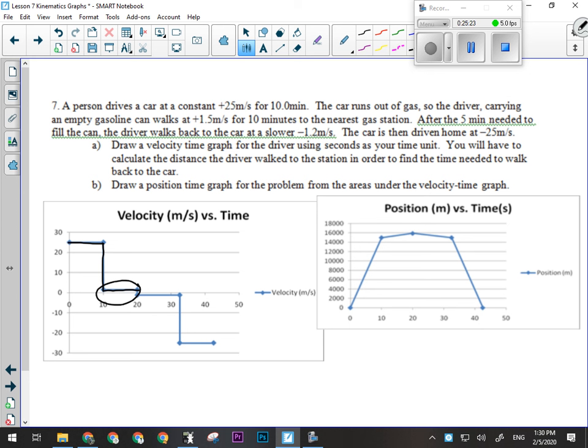So now that I know this person has to walk 900 meters at 1.2 meters per second, I can calculate how long it will take them, so I know how long to make that line for their return trip to the car. So that's that intermediate calculation that you have to do here. So 900 divided by 1.2 is going to give you the amount of time required to get back.